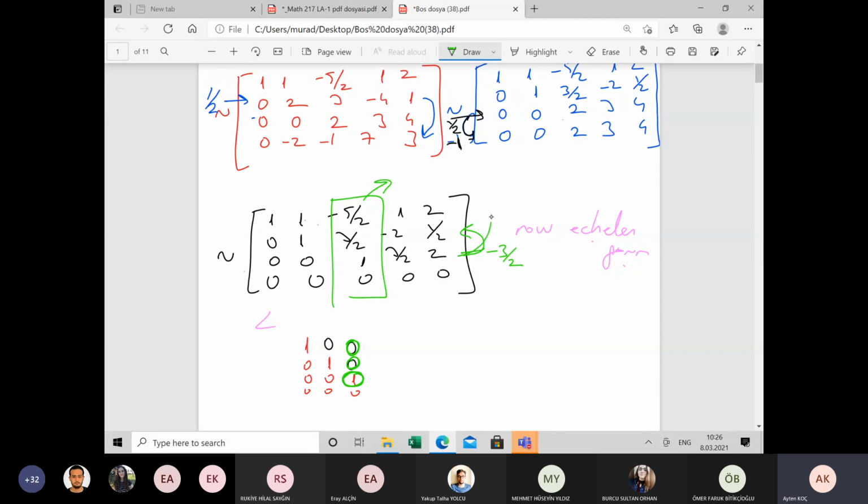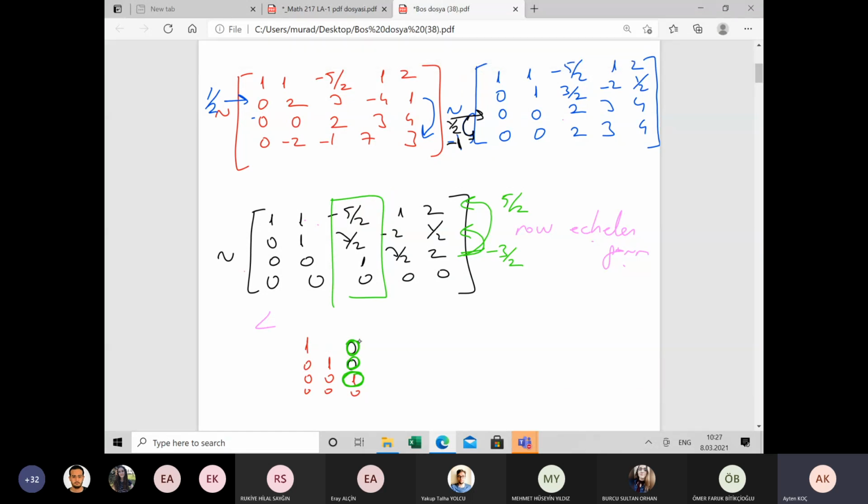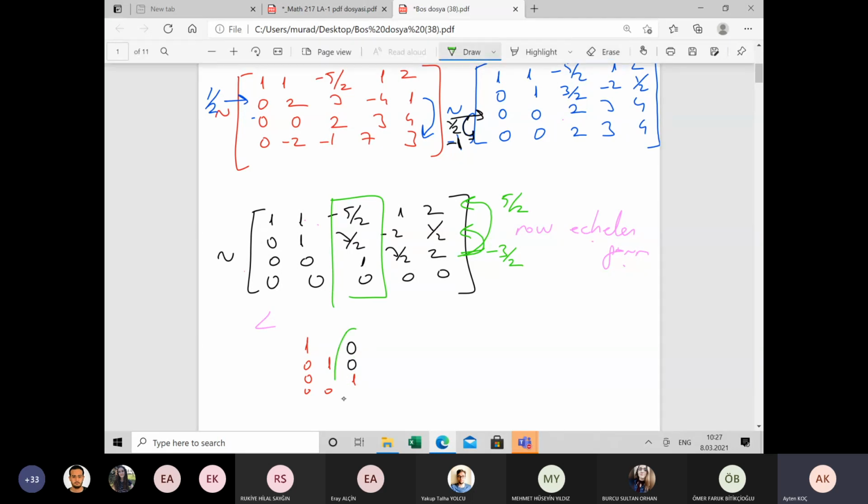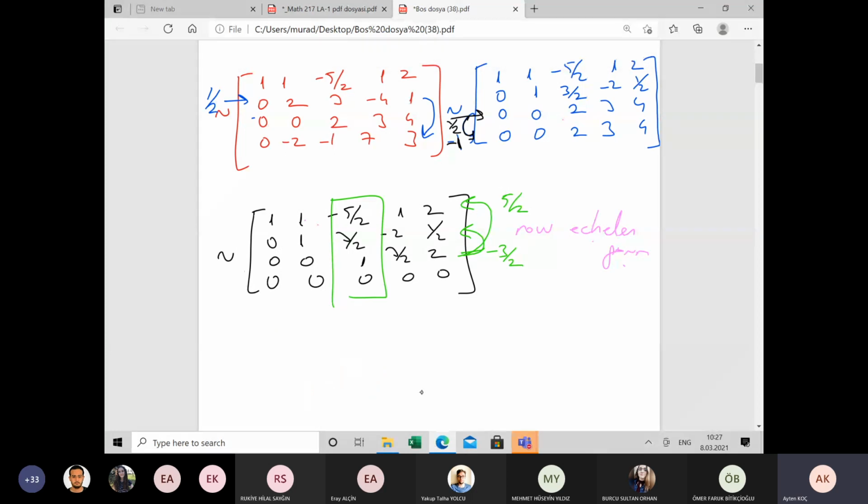Take the leading one, multiply by 5/2, add to the first row. It's okay. Any question? No. Okay. Apply this operation.